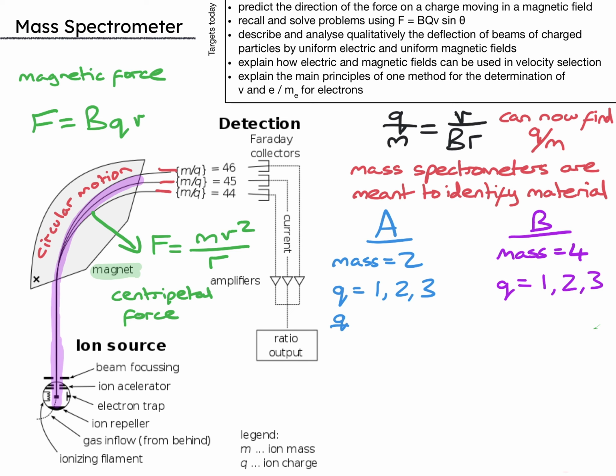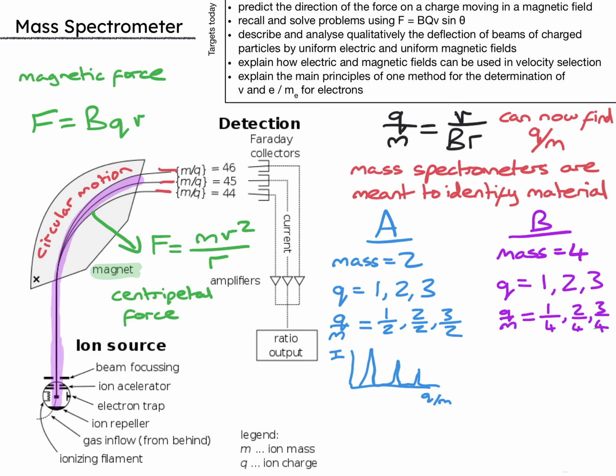This means that the set of Q over M for material A is 1 over 2, 2 over 2, 3 over 2. We might expect the peaks proportions to be like this, with most of the ions having Q over M of 1 over 2. The set of Q over M for material B is 1 over 4, 2 over 4, 3 over 4. So there is some overlap, but we can tell the difference.